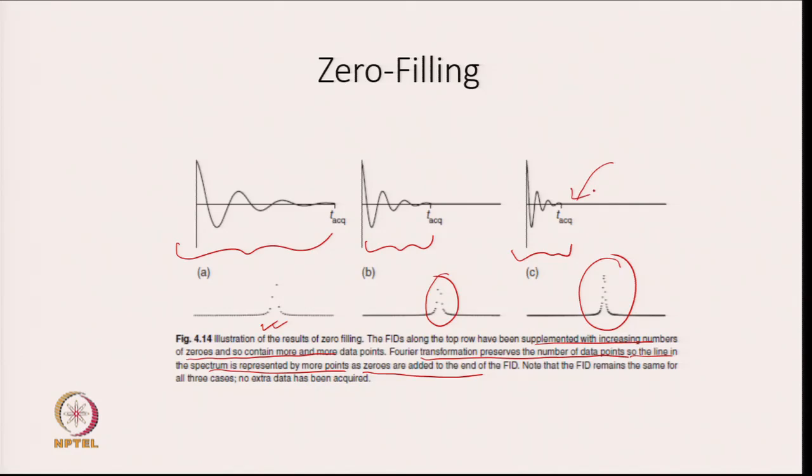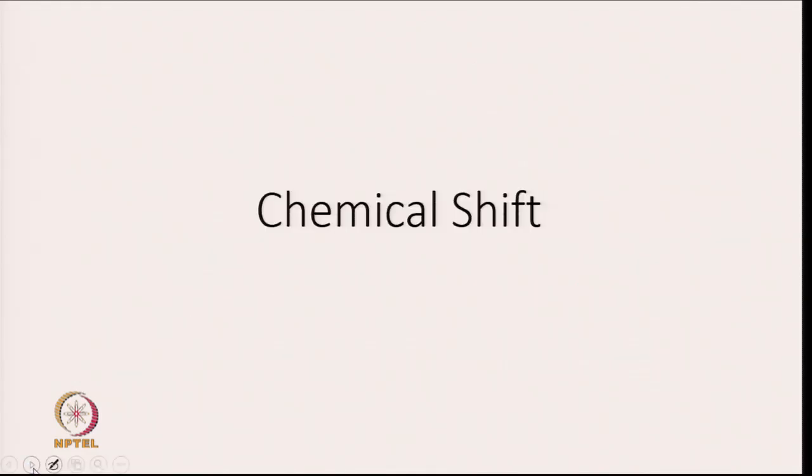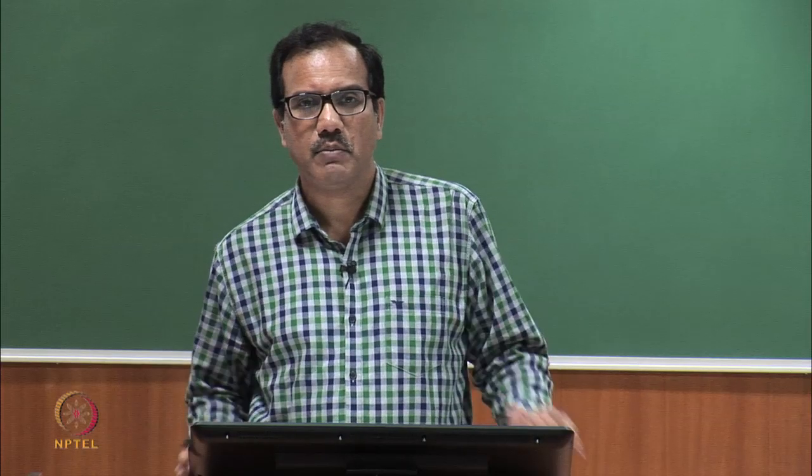If you acquire NMR data for this much time only and then add zeros, then basically you are getting more data points in this period, which leads to more data points in your peak. In this case the FID remains the same for all 3 cases, and no extra data has been acquired. So, this is about processing of data.